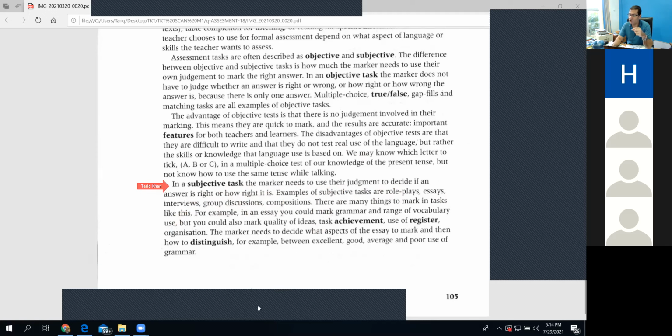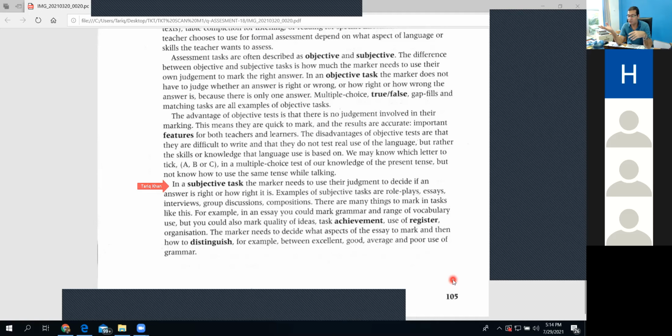Now, for example, you are marking students' writing. They have written an essay, or a letter or a report, or they are performing something. So there is criteria, but there is no fixed one answer for it. So it depends on my judgment, how I judge them. I may judge in one way. I may give marks out of 10, I may give 8.